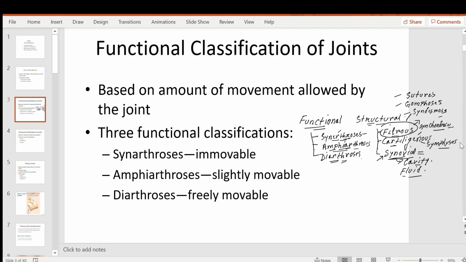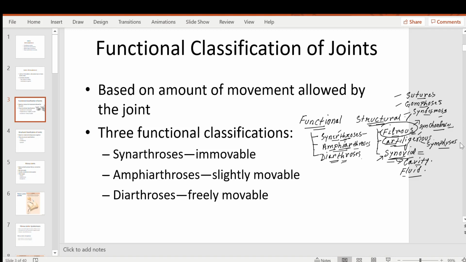Now another way we classify is structural classification, by looking at the structures of the joints: fibrous, cartilaginous, and synovial. In fibrous, the bones are held together by dense connective tissue. Okay, fibers. And fibrous joints are 3 different types: sutures, gomphosis, syndesmosis.